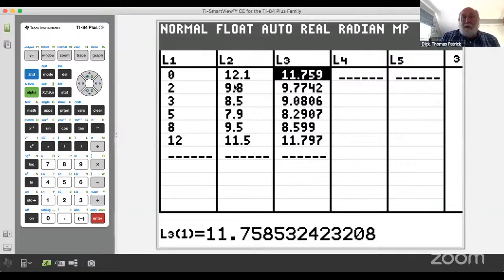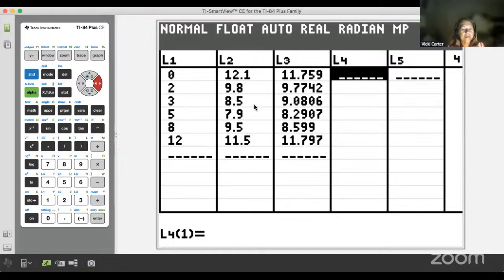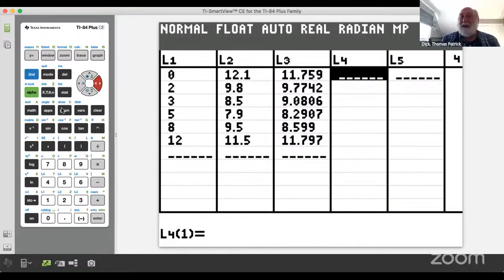And now in L4, let me just do a calculation of the residual. A quick question: is that the actual value minus the predicted value or the other way around? Yes, it's an AP course. Actual minus predicted. Would it be L2 minus L3 or the other way?